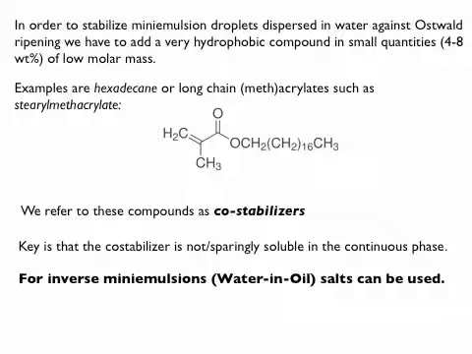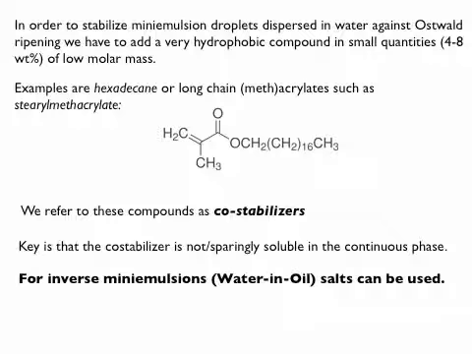So how does that work? In practice, if we disperse oil droplets in water, we have to use a hydrophobic compound, a compound that is so hydrophobic that its water solubility is tiny. That hydrophobic compound will restrict the rate of Ostwald ripening for the other molecules that are in there.